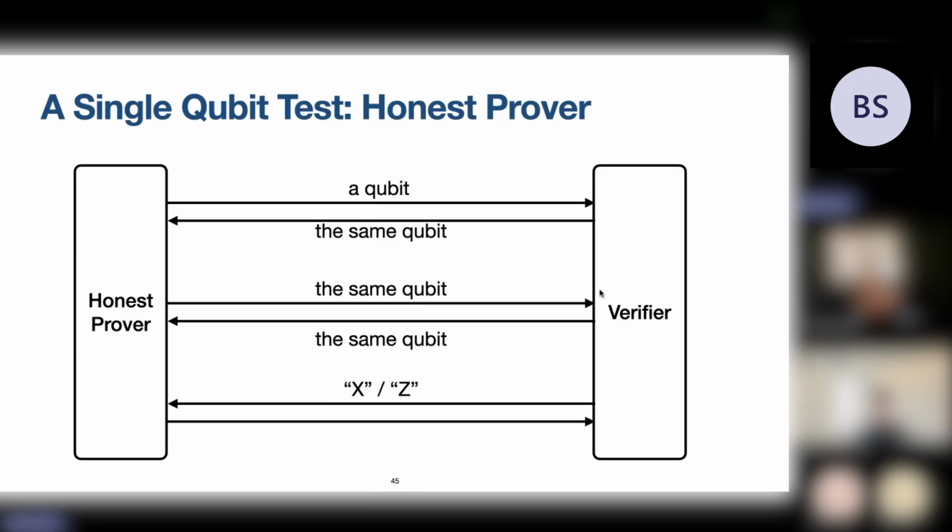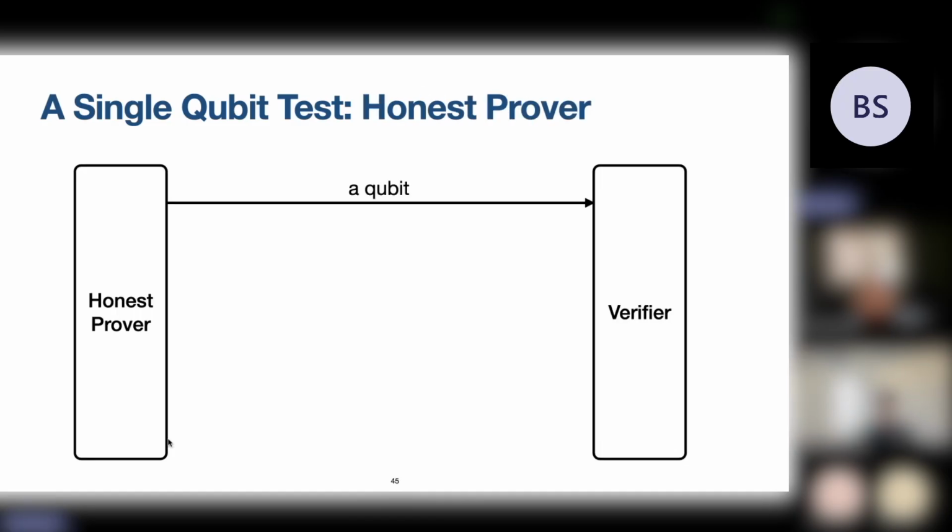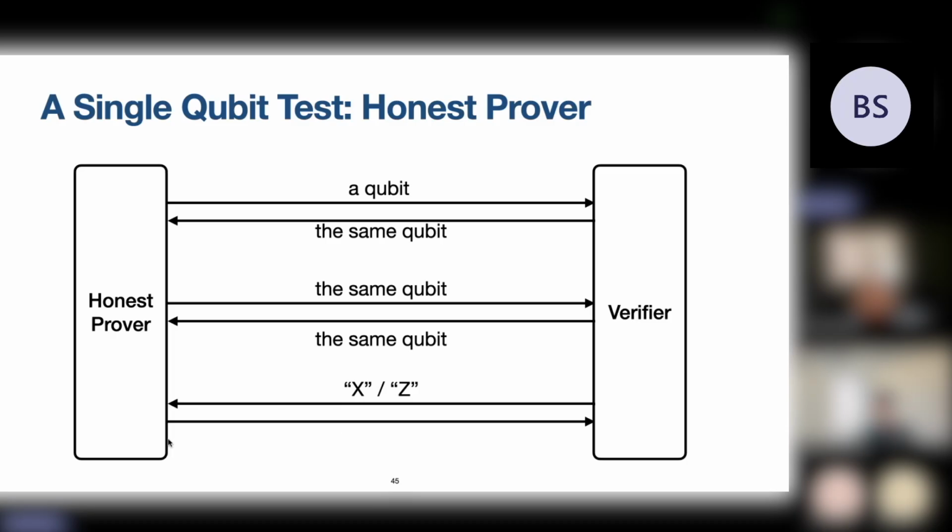If you simplify the previous many-qubit setting to the single qubit setting, then in each round they just exchange the same qubit. And in the end, the verifier sends either X or Z to the prover, and the prover sends back a measurement result of 1 bit. So for the last round, without loss of generality.